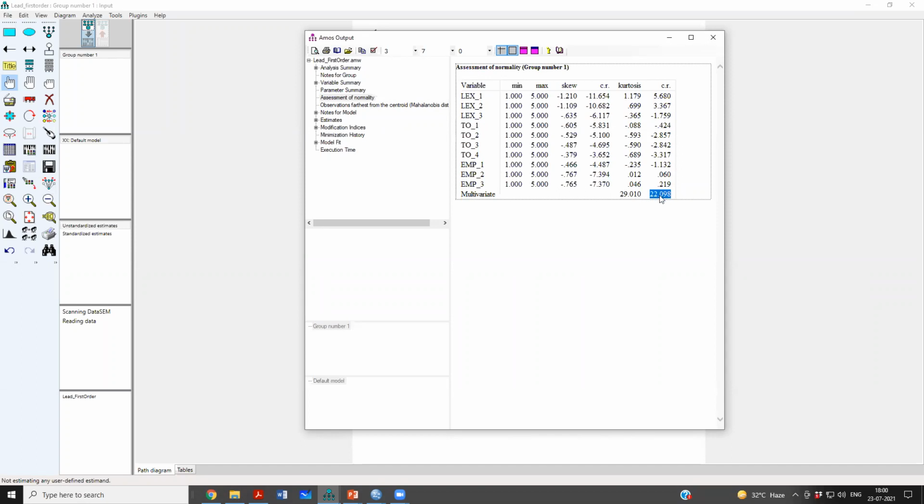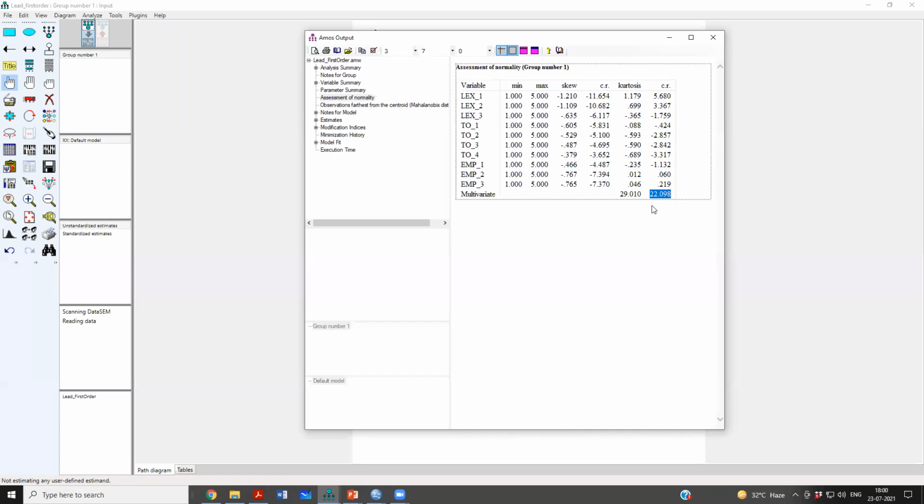This critical ratio. Okay, so that means CR greater than 2.5, right? Yes, 2.5. And what about the 29.010? So this is just a number. We look at the CR here.